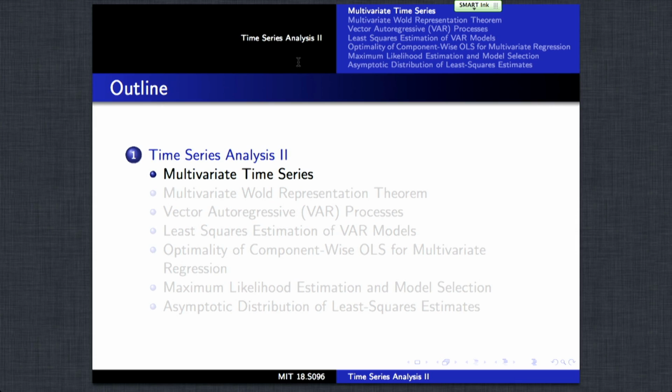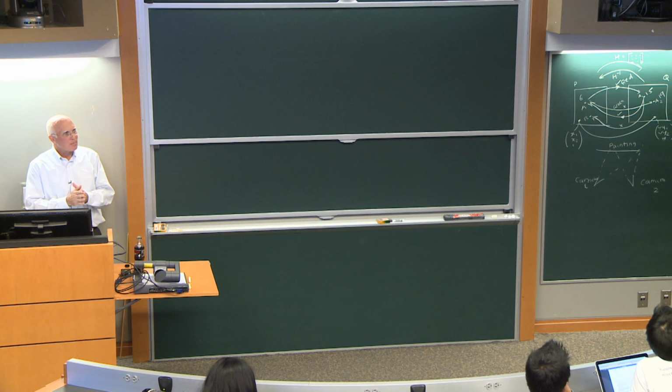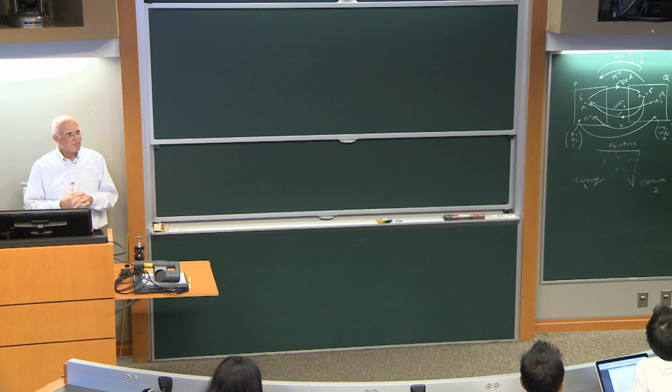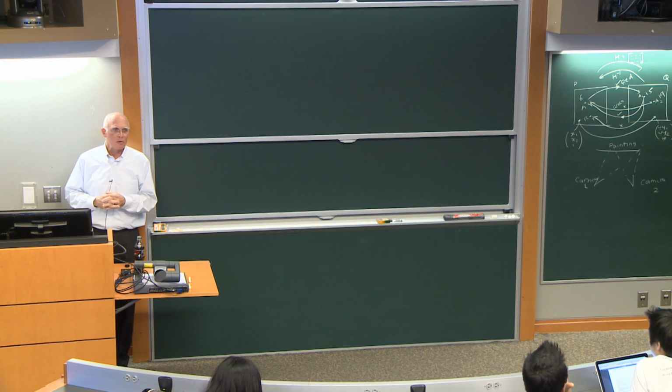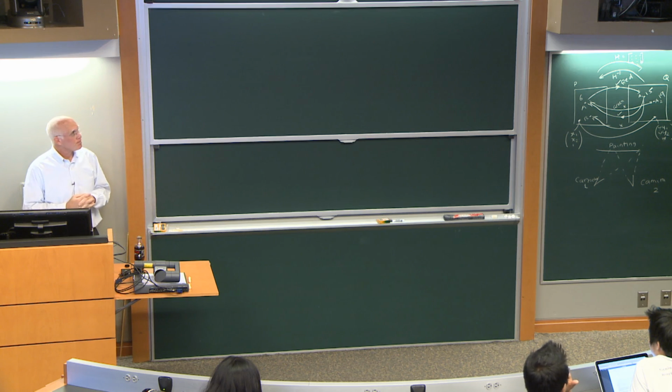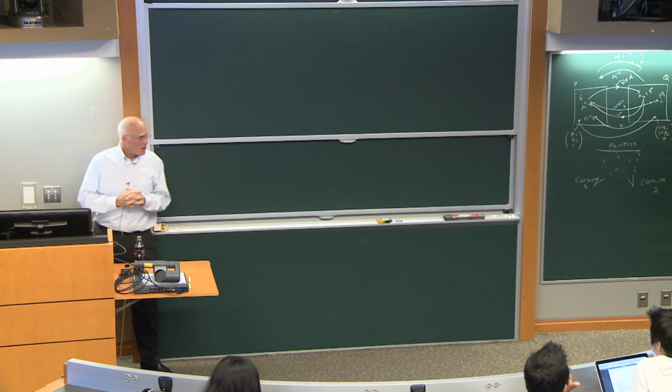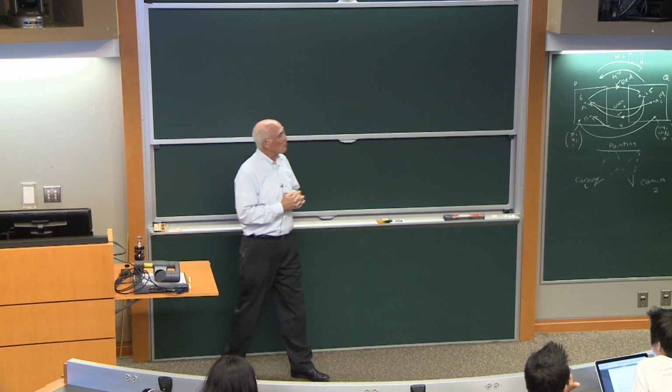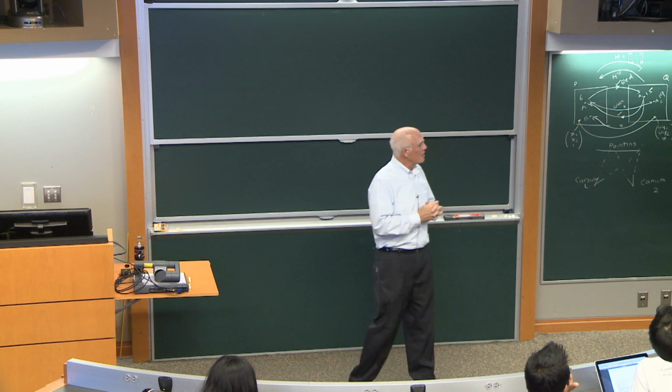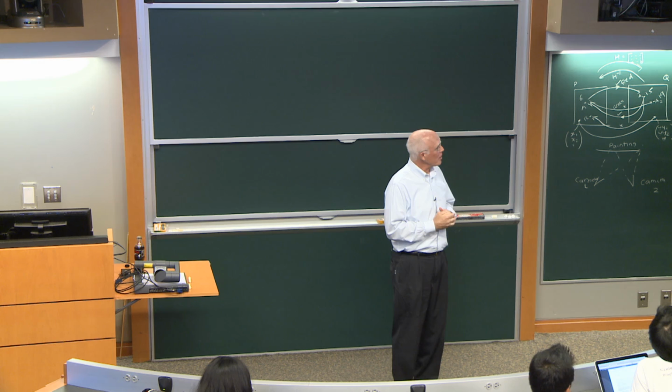All right, the next topic is multivariate time series. Two lectures ago, we talked about univariate time series and basic methodologies there. We're now going to be extending that to multivariate time series. Turns out there's a multivariate Wold representation theorem, an extension of the univariate one.